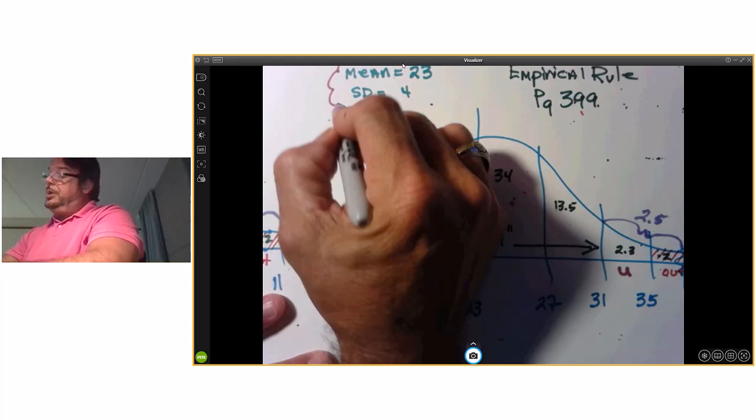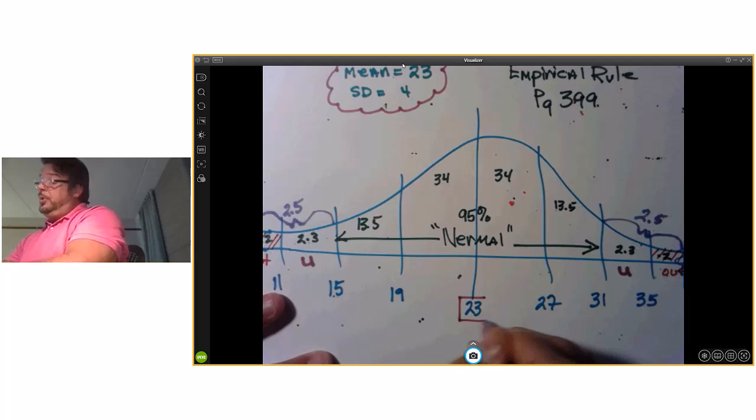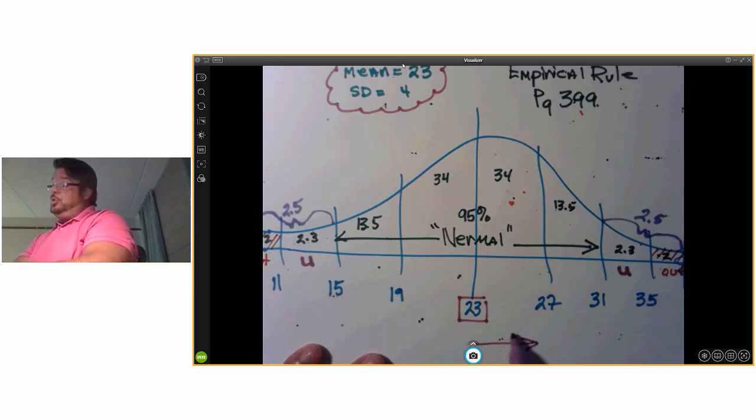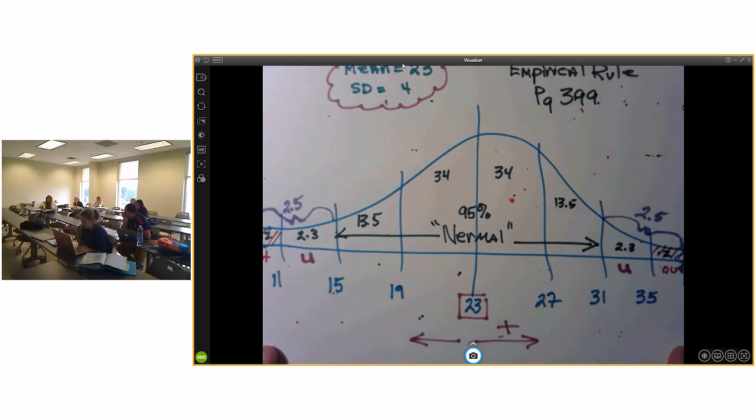Where did 23 come from? Do those change? I'm talking about the one inside the curve, where it says 34. From the empirical rule.